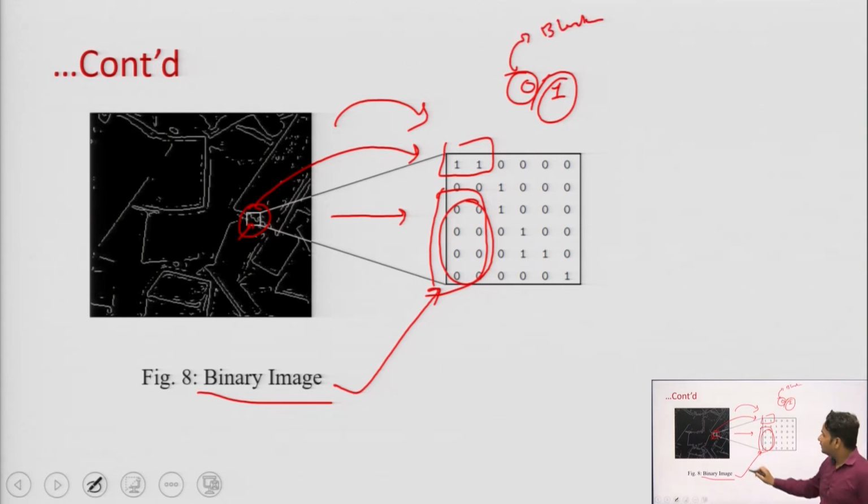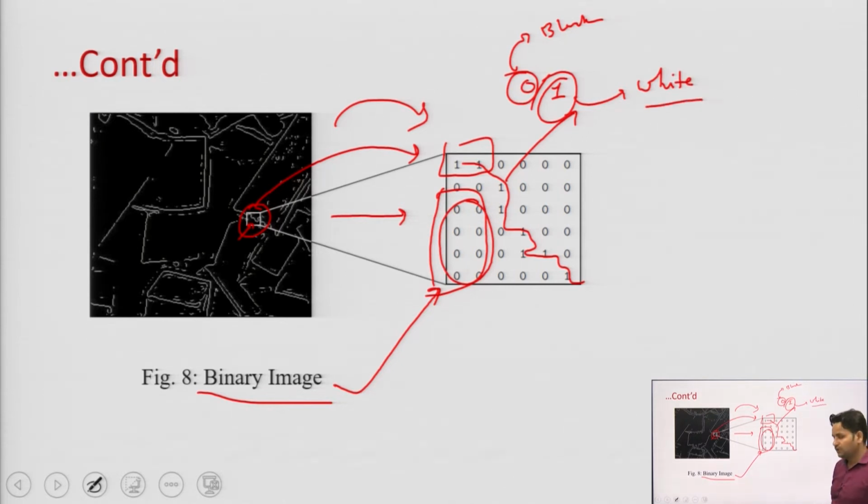Okay. And that portion which is giving the white portion, that is providing the 1 value. So, 2 values are there for a binary image, 0 and 1. Okay. So, it is the first kind of image, that is the binary image.